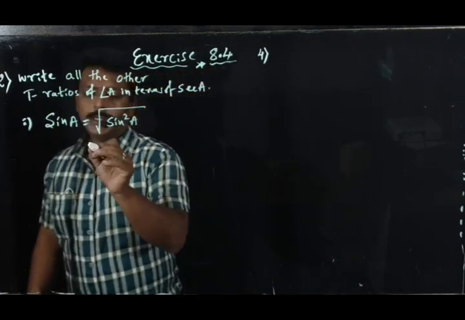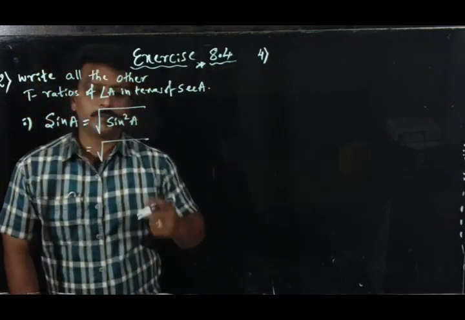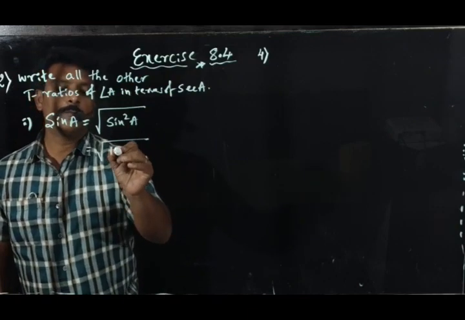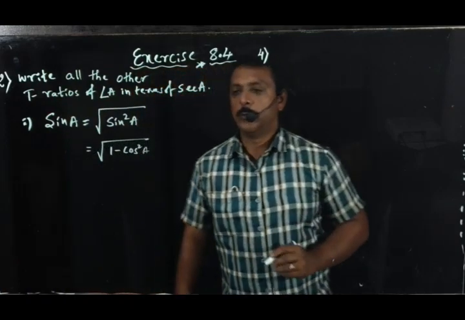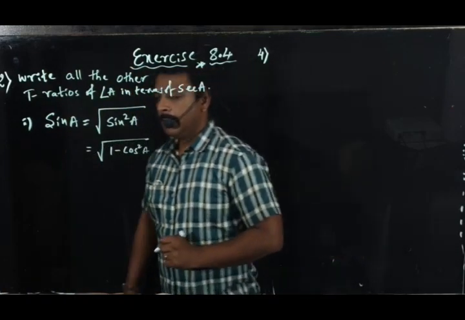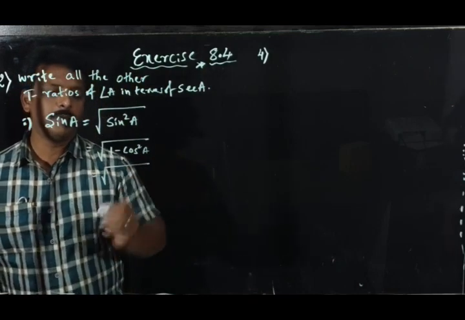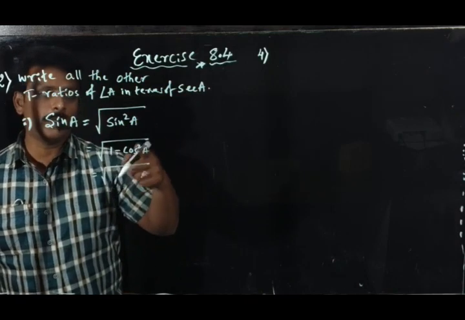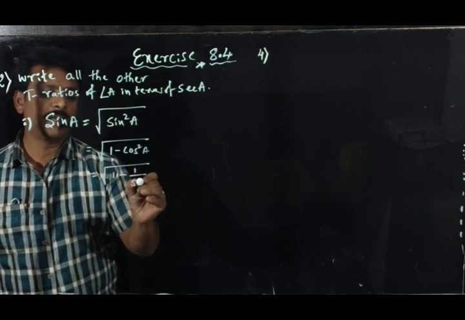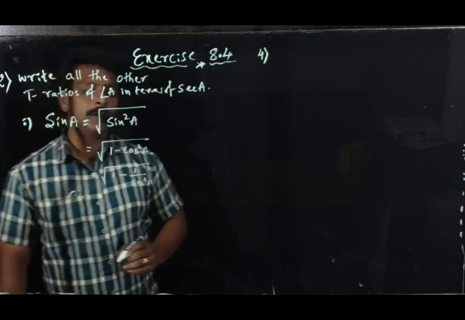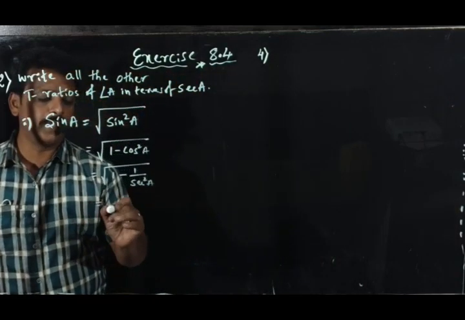After this, now sine square A, according to identity number 1, sine square A is equal to 1 minus cos square A. Am I right? But we want to express it in terms of sec. For that, all of you observe, the reciprocal of cos is what? Sec only. So I am going to write 1 minus 1 upon sec square A. After this, I want to take the LCM.